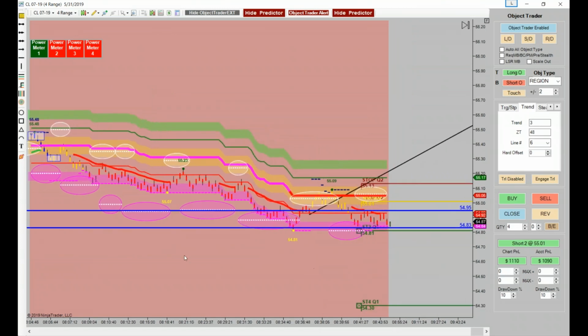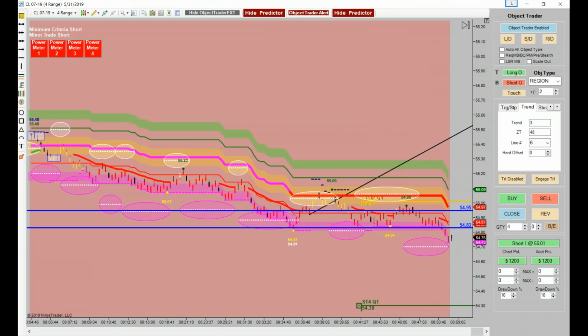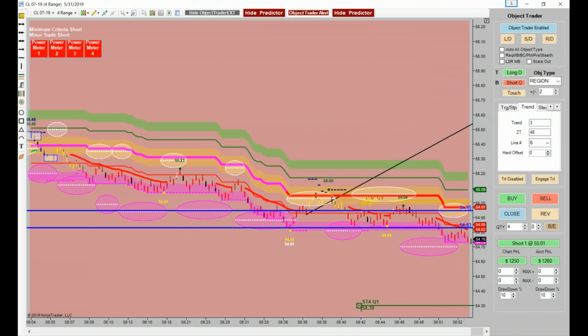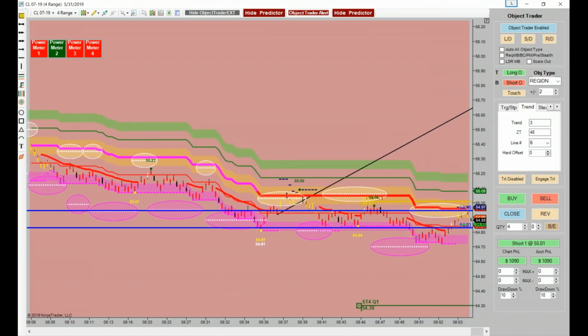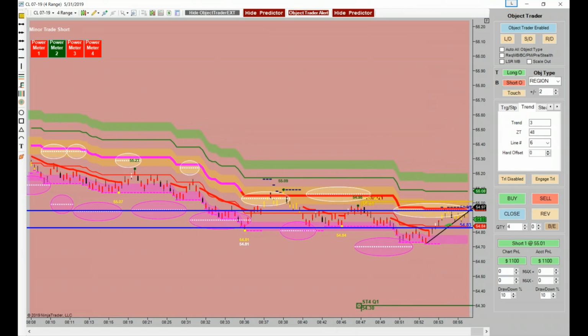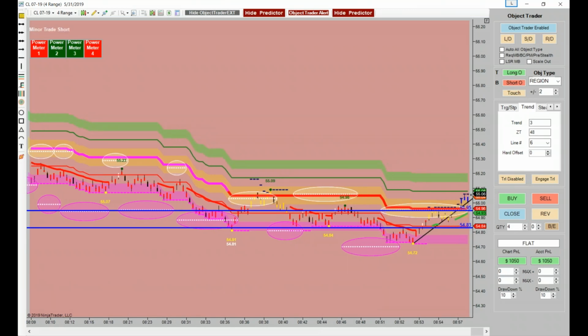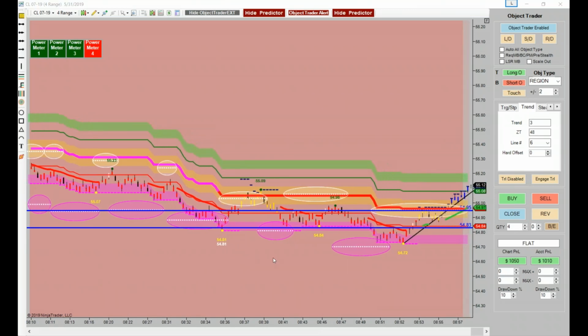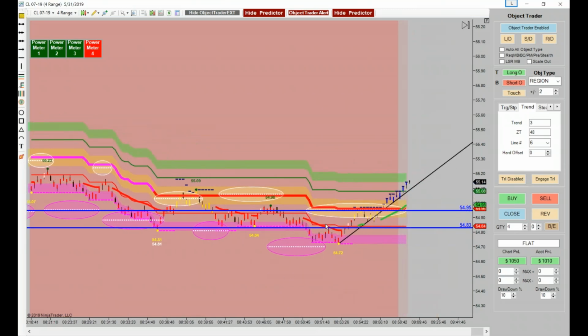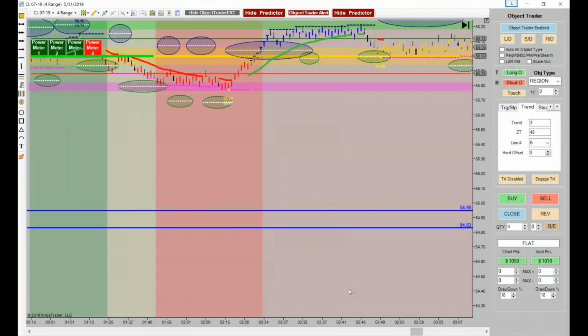And then I'll use my black bars to get out of it. Everybody see that you could actually have probably already gotten out of that, but let's see if it goes down a little bit lower. And you stopped. Everybody see that? Of course, we didn't move our stop for that, but you obviously would have, right?